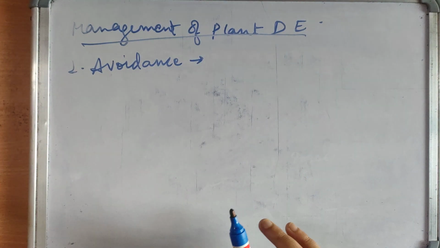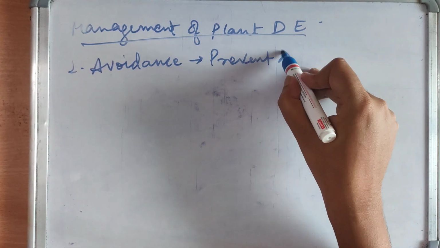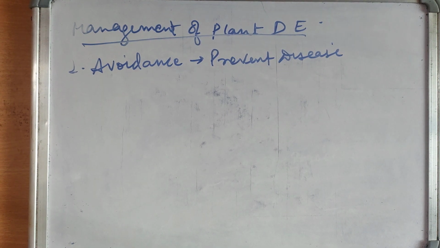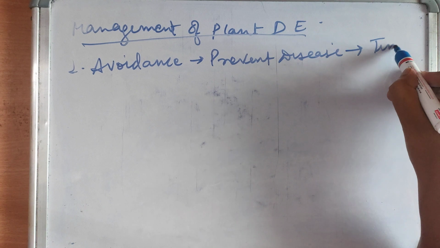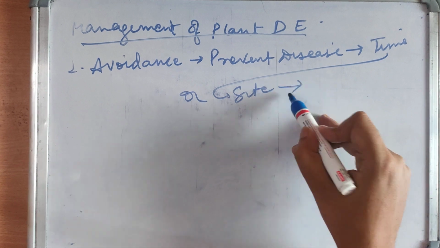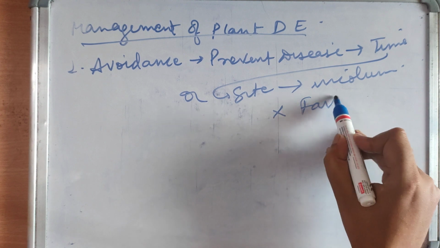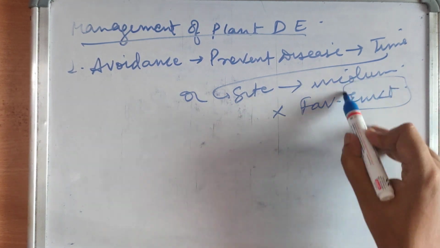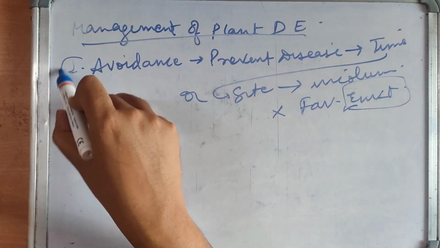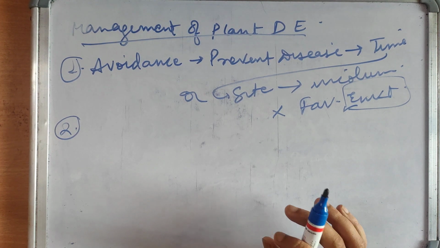Prevent disease by selecting a time of the year or a site where there is no inoculum or where the environment is not favorable for disease. Suppose the disease grows in high winters, so we will not let the crop go into high winters. Through earliness or other factors, we will let it be harvested before those high winters.